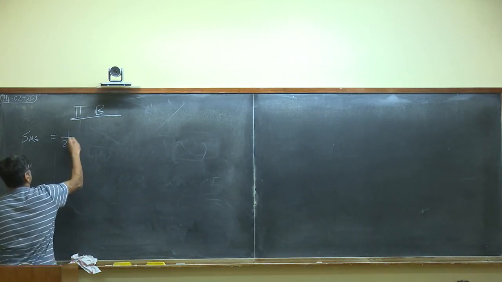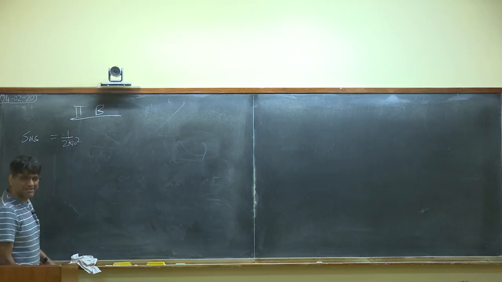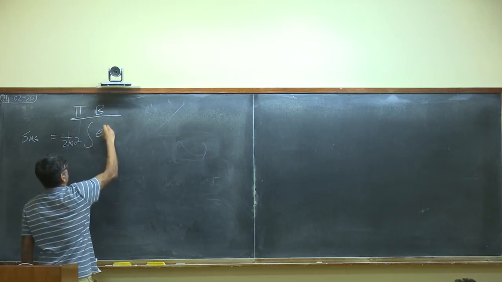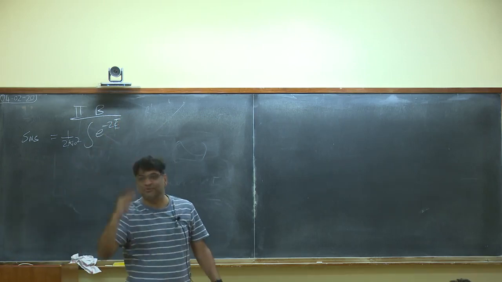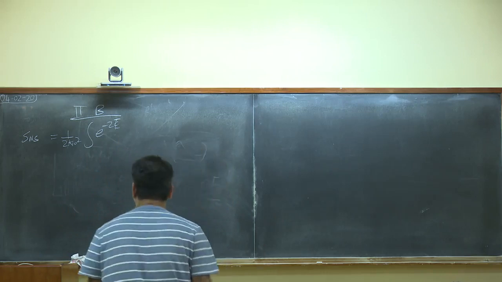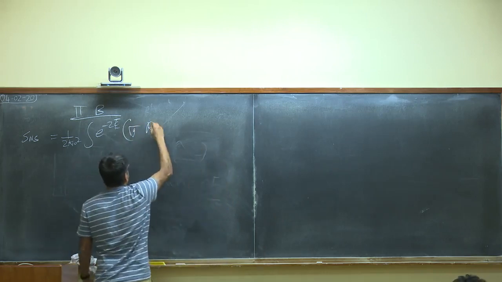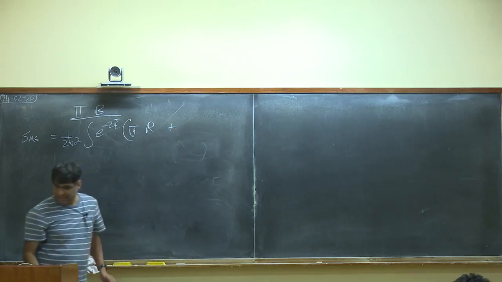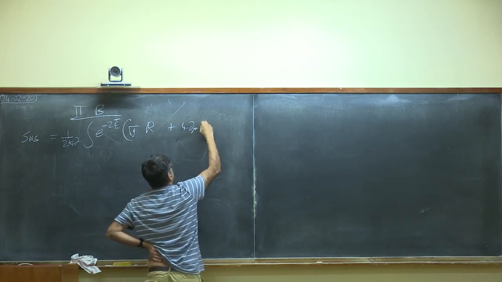So I'm going to write it a little more systematically than last time. This is some Newton's constant in some language. And then we have e to the power minus 2 phi. Remember, this phi was 3/2 times the old phi variable from last time. And then we've got square root g, R plus 4 (∂_μ φ)^2.